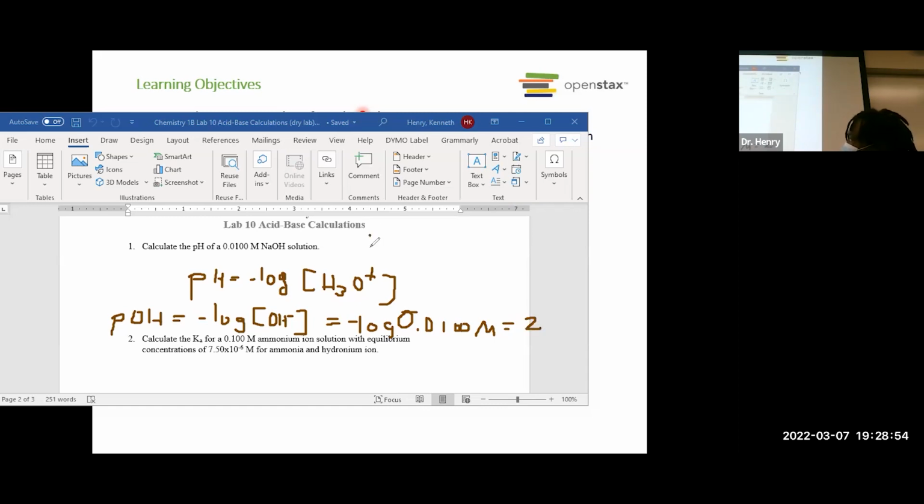So if pOH is 2, okay, that's right. pH is going to equal 14 minus pOH, which in this case is going to equal 12. 14 minus 2.